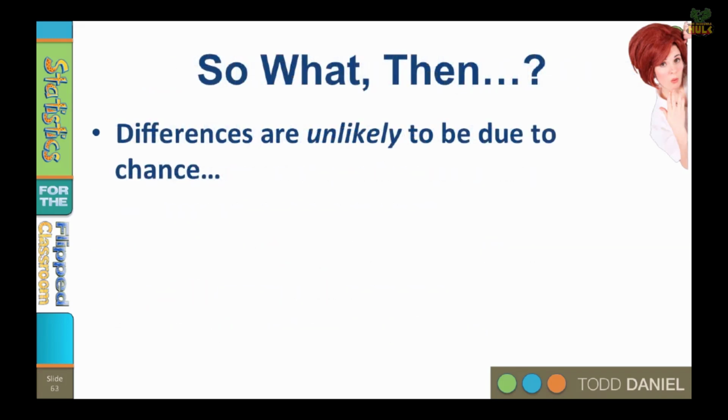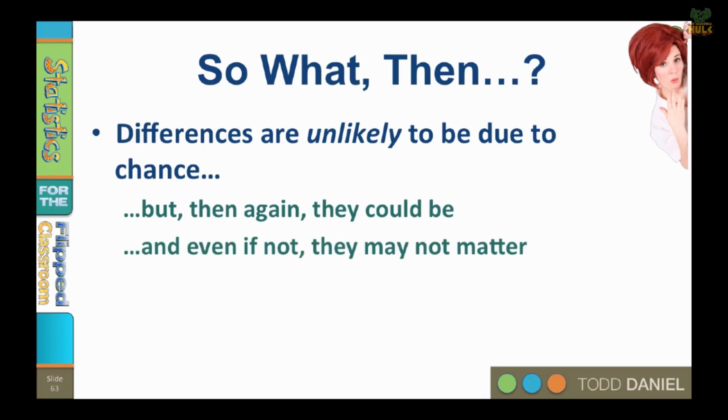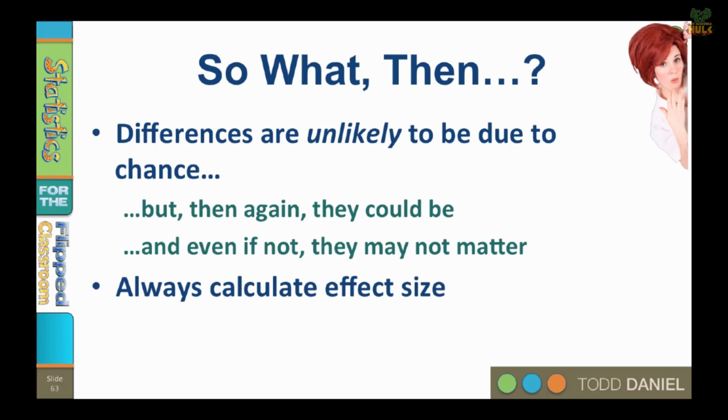So statistical significance tells us that the differences that we found are unlikely to be due to chance or luck. But possibly not. And even if the differences are real, they may not mean anything in the real world. And this is why, whenever we run a statistical test, we should also compute a measure of effect size.